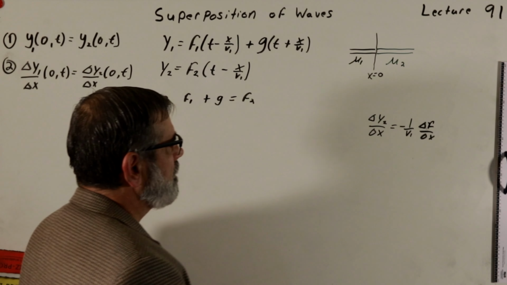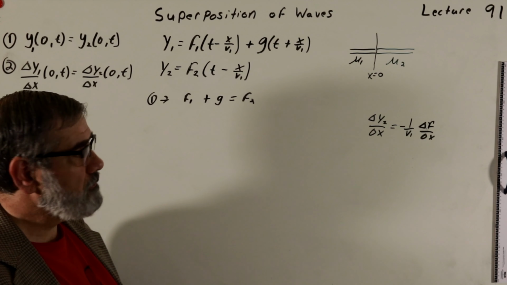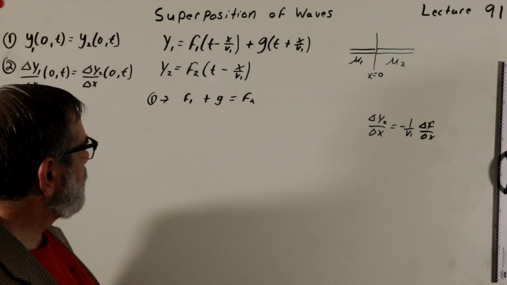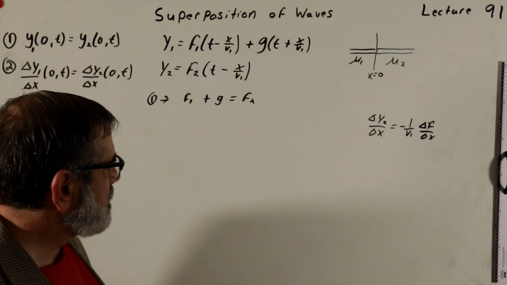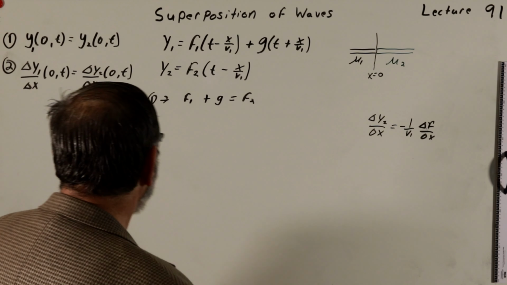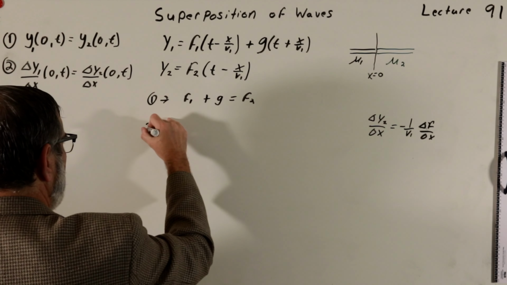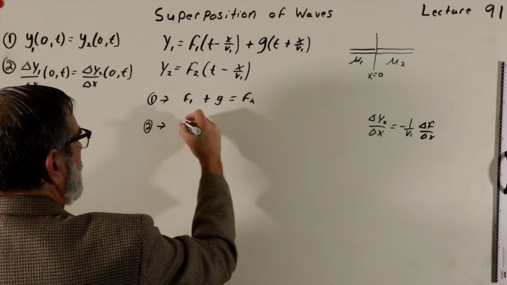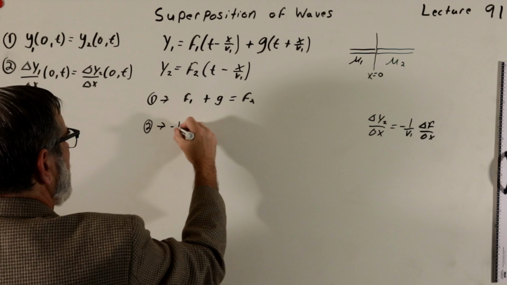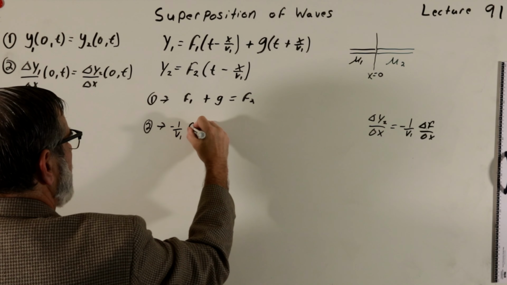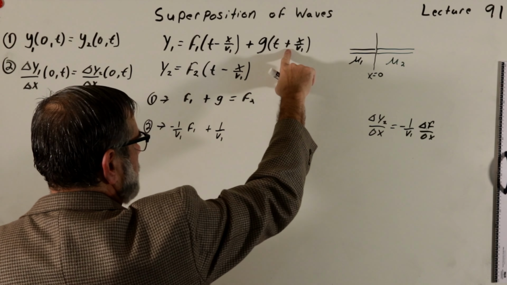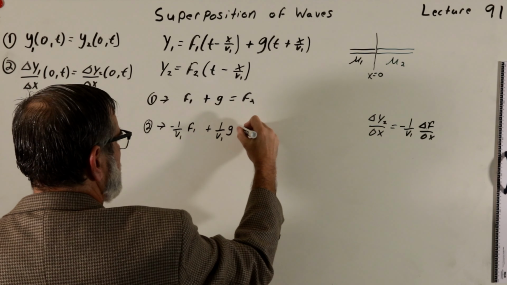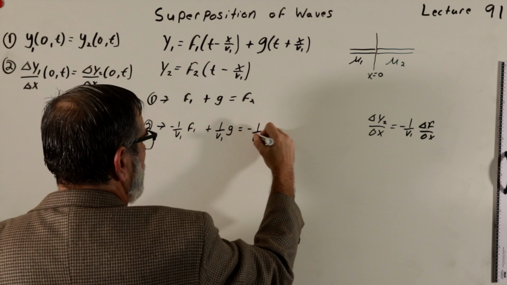Let's write it like that. I think that probably makes a little more sense. So it'll be the change in the thing here plus the change in the argument that we'd have to evaluate. And so we're going to get something that looks like that. If we apply that to these equations, it's going to give us minus 1 over v1 times f1 plus 1 over v1, because it's a positive sign here, times g, is equal to minus 1 over v2.